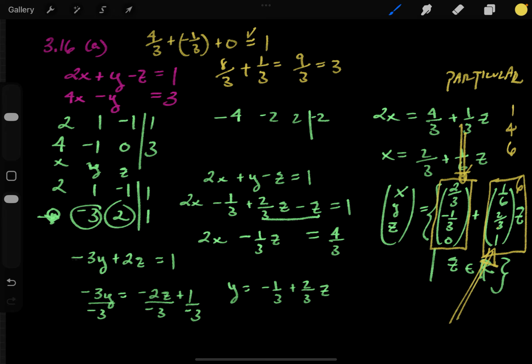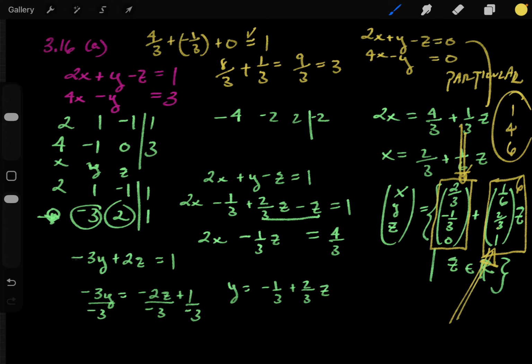So 1, 4, 6 should be a solution to the homogeneous system. So then that means that 2x plus y minus z is equal to 0. And then 4x minus y is equal to 0. And this should be a solution to the homogeneous thing. So let's see. 2 plus 4 minus 6 equals 0 for sure.